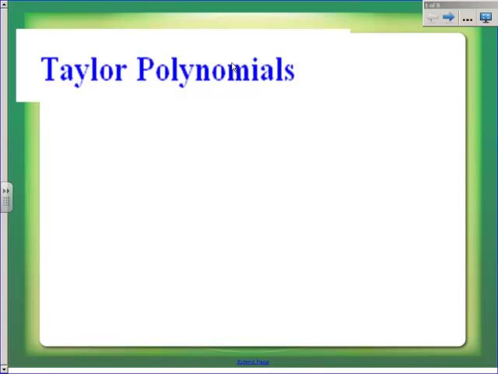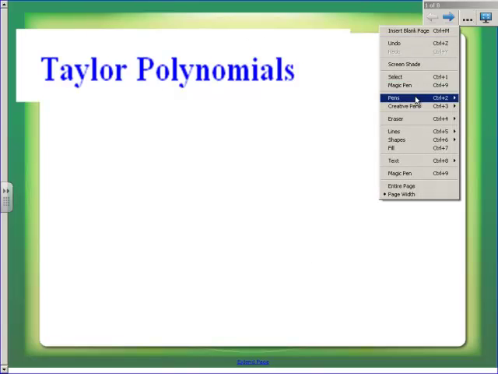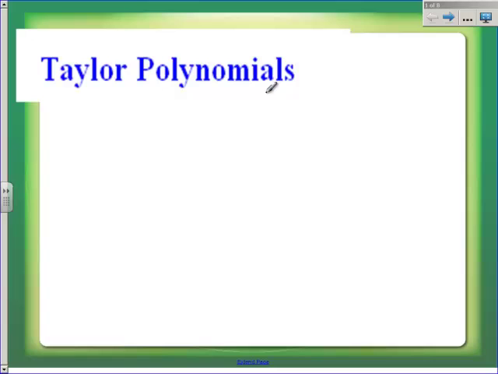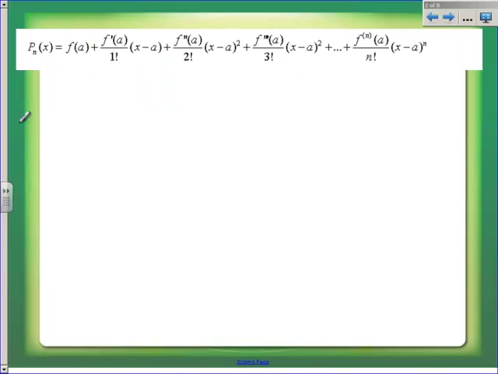So anyway, let me tell you first of all what a Taylor polynomial looks like. A Taylor polynomial is a polynomial, so you're going to have increasing powers of x. So these are going to be x's with powers on them, and they're going to be separated by plus or minus signs. So let's take a look at the general form for a Taylor polynomial. The nth degree Taylor polynomial has this form, and this will be centered at a.